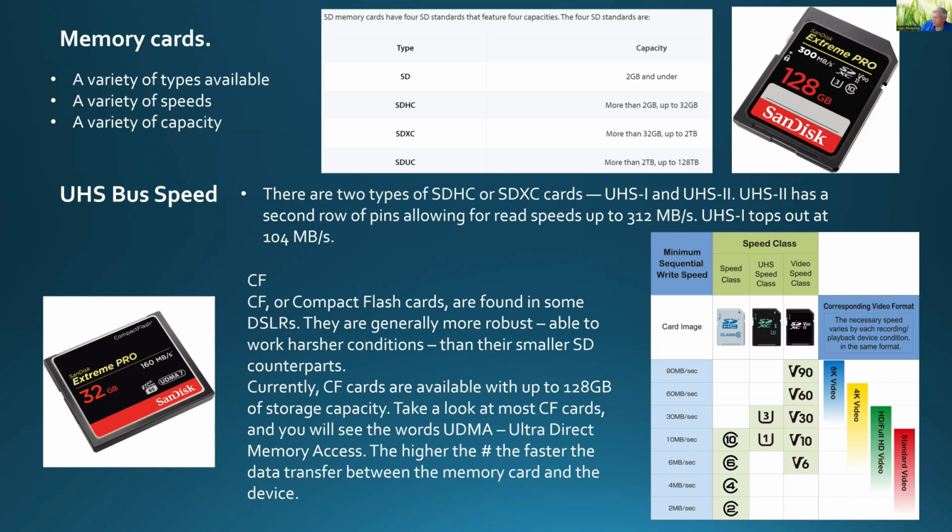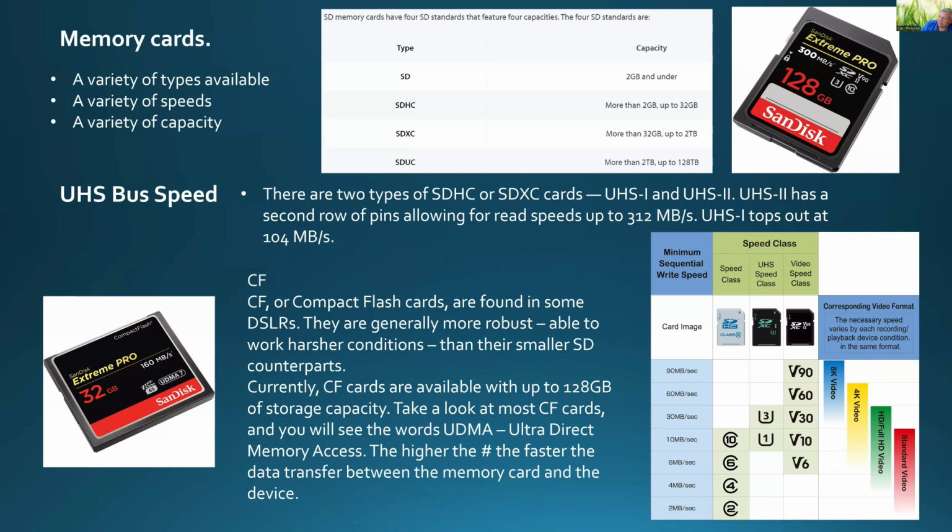And then it's got a video speed class, V90, is what that one says. So that one's good for 90 megabits per second on the video. Because if you have a slow SD card and you're shooting video, it's just going to stutter, it'll be buffering, and you won't be able to get the video. So those are just some things to look for when you're buying an SD card.